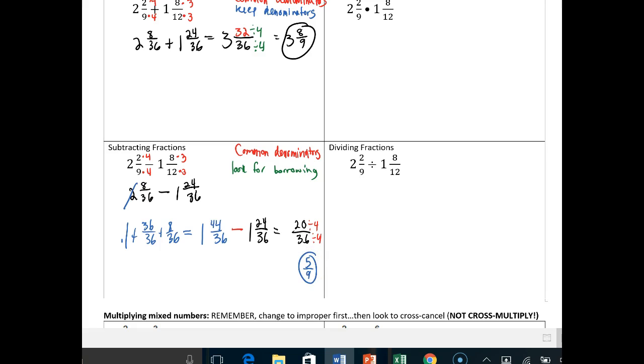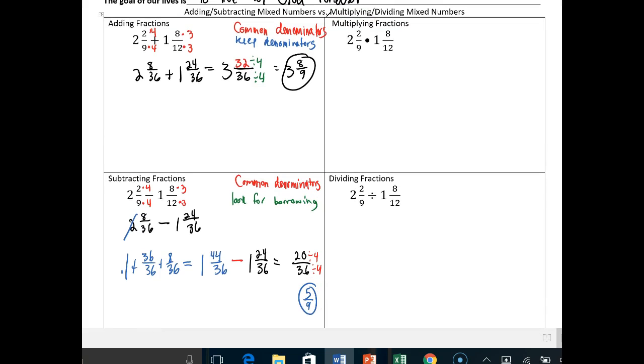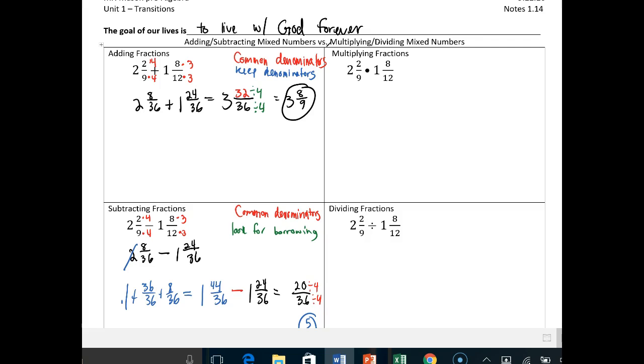Okay, so now remember to shift your thinking now from adding and subtracting to multiplying and dividing. The key rule for multiplying and dividing mixed numbers, whether you're multiplying or dividing, is change everything to improper fractions.